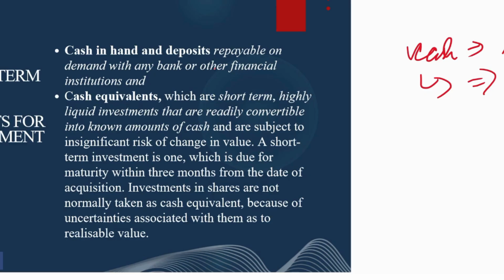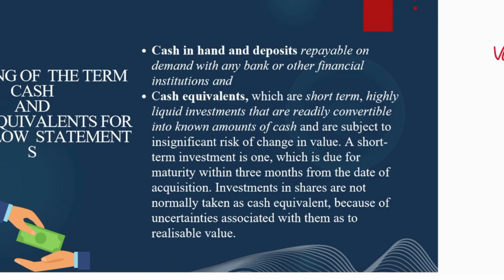So cash in hand and deposits are repayable on demand with any bank or other financial institutions. When I am talking about cash equivalents, these are basically short term highly liquid investments. Short term, basically they are just for 3 months. The maturity period is very short, that's why they are short term, and they are highly liquid investments.